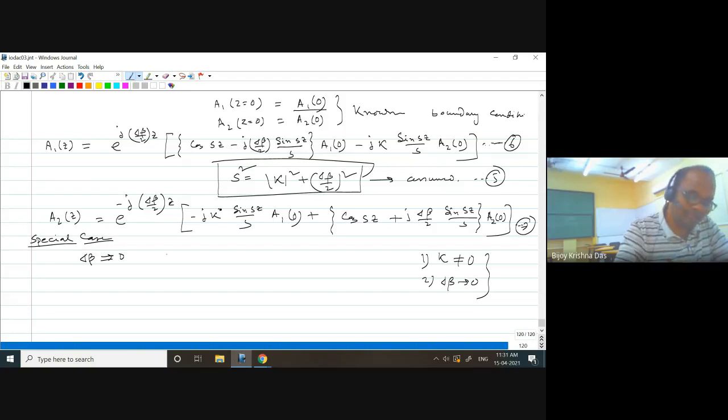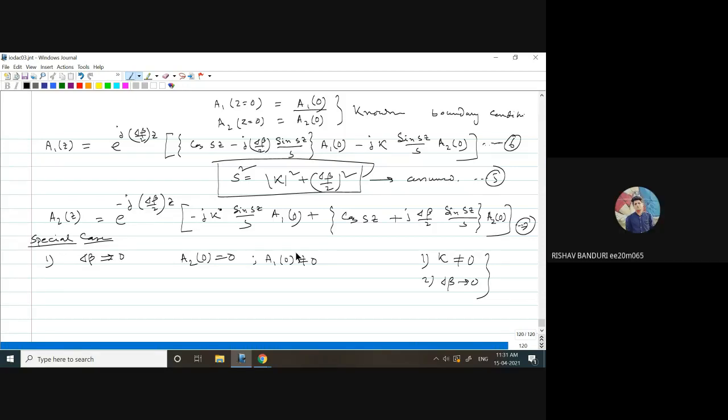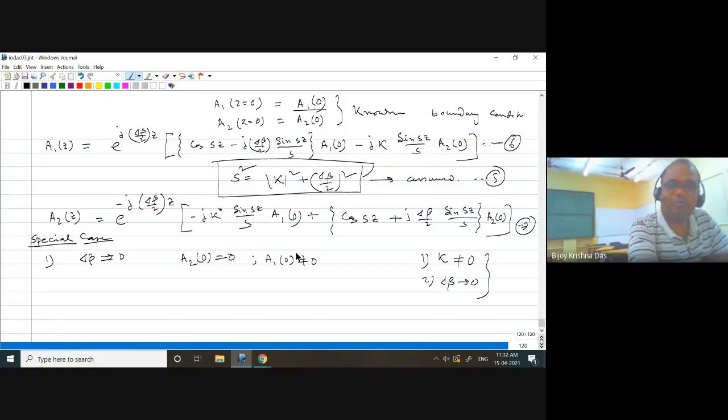And one more thing I'm considering: put A20 equal to 0 and A10 non-zero. What does it mean? Initially we have no excited state at the second waveguide. The mode solution mathematically is there, but we are not launching any power into that mode, while in the first waveguide some energy is there.